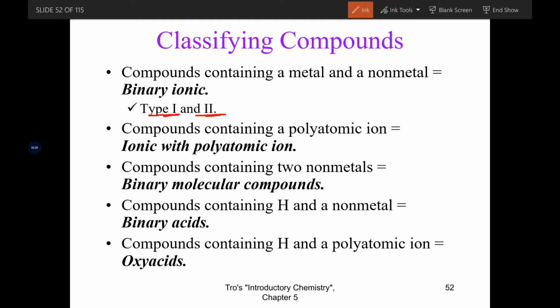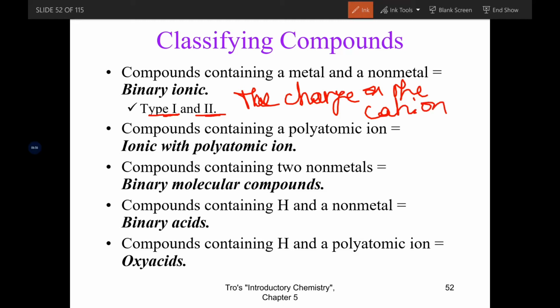And this type has to do with the charge on the cation, and we're going to talk about this a little bit more when we move forward.